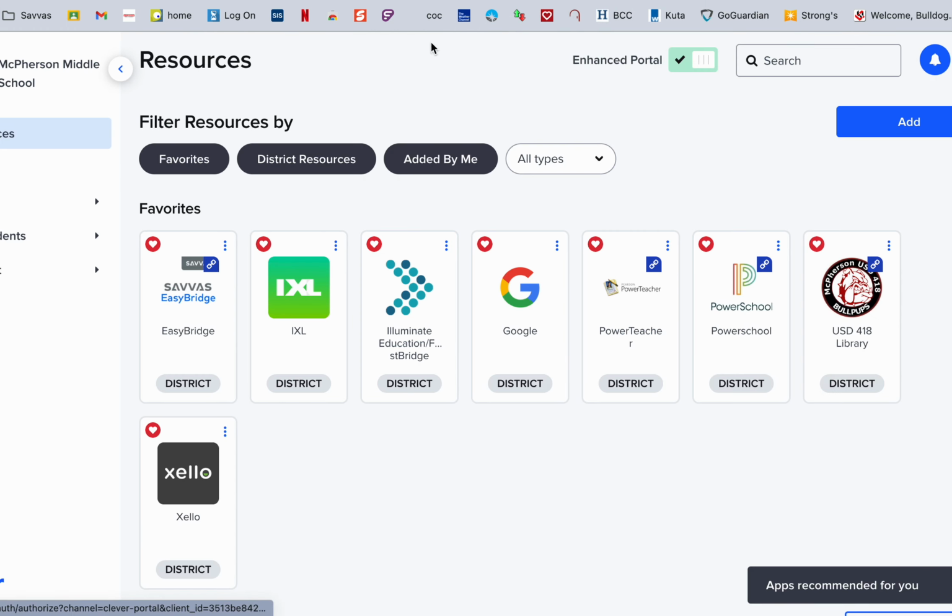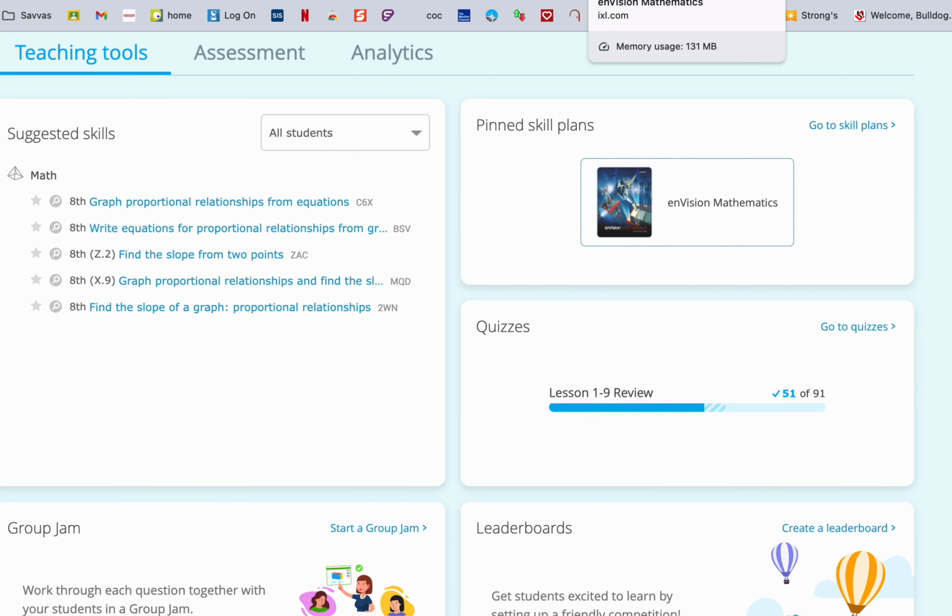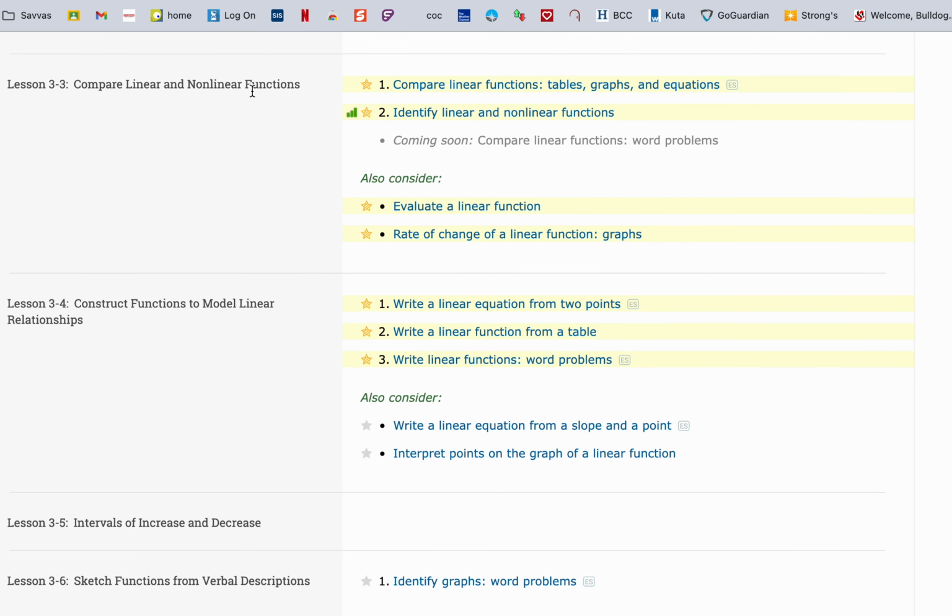You go here, and the skills I've got are from lesson 3.3, lesson 3.4. They don't even have any skills for this one. It's so simple, so I can't even assign any from today's lesson. But if you go back and review lesson 3.3 and 3.4 on IXL, those are the skills that I've assigned you. So you can go back and work on some of those linear, nonlinear function skills.